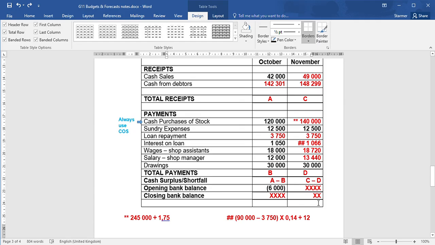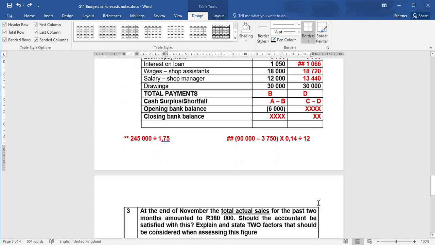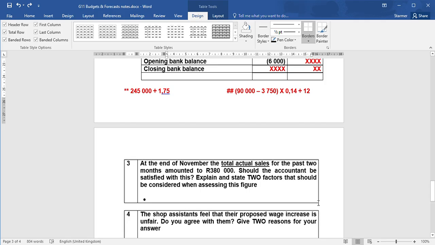Okay, let's move on now to the next questions. They say, at the end of November, the total actual sales for the past 2 months amounted to 308,000. Should the accountant be satisfied, explain and state 2 factors. So they're telling you what the actual sales were. You need to compare that to your budgeted sales.